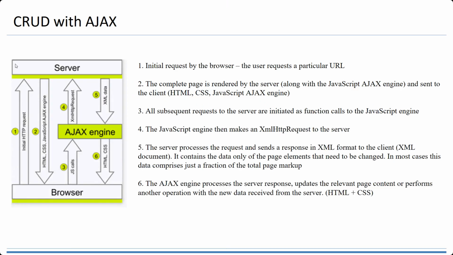So this is the way AJAX works. What you already learned until now is that from the browser, you connect directly to the server. So you have the HTML, you have the HTTP requests.